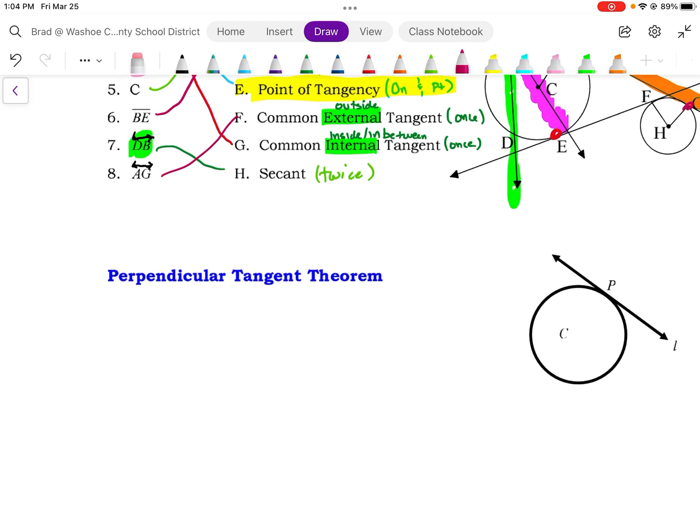But let's really get into what we're talking about today. So we're going to look at two main theorems.